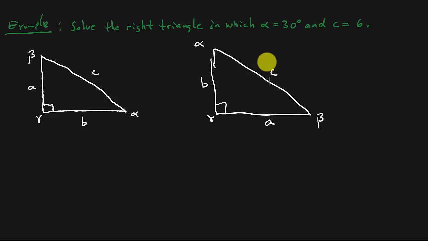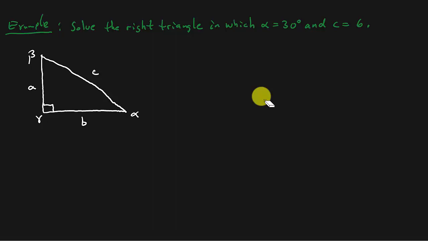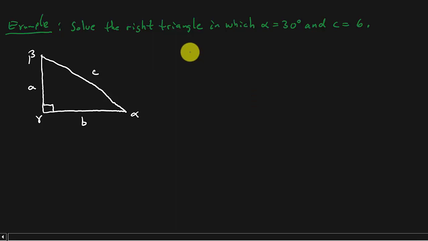All right. So now we know how to label the triangle. As far as working these, what I like to do is make a table: angles, sides.